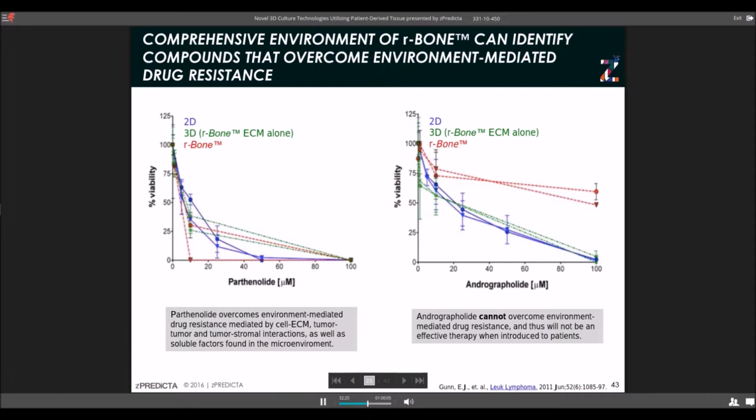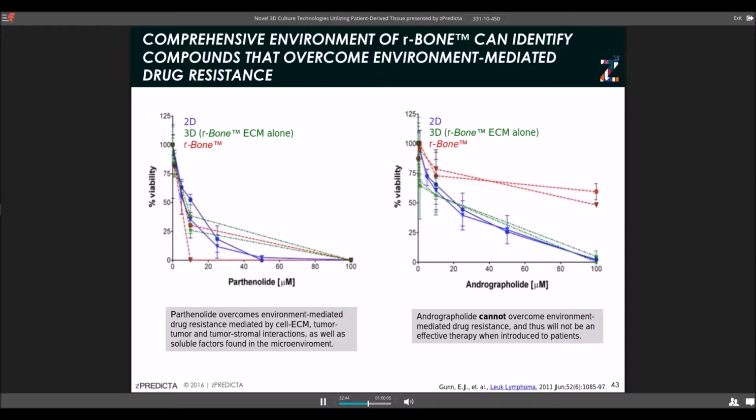One example of this resistance was illustrated during our study of a couple of natural products. These natural products are chemically and structurally similar, and we expected them to have a very similar function.